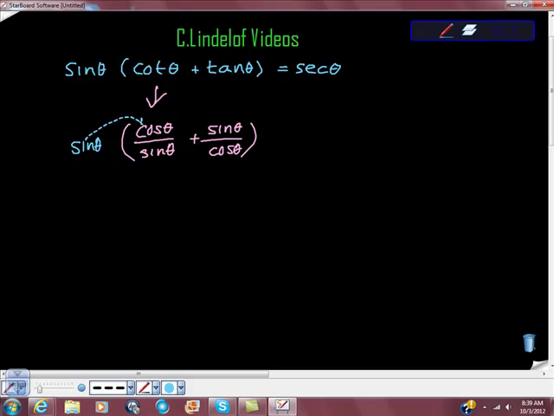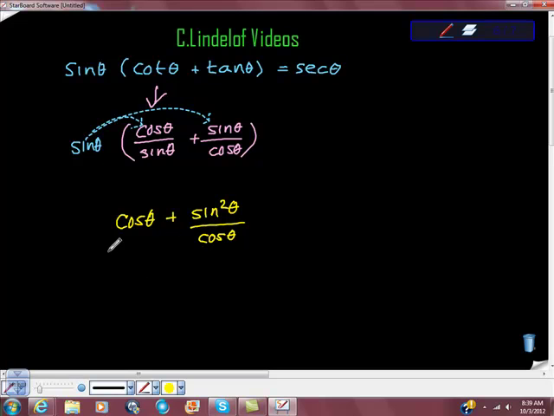Remember, we're going to distribute to here and to here. And these sine thetas cancel, which just gives us cosine theta plus sine squared theta over cosine theta.